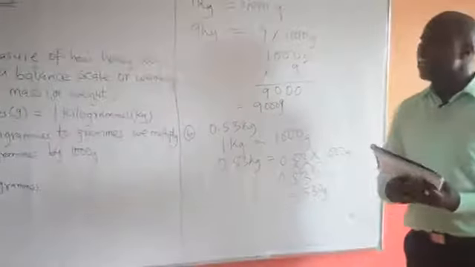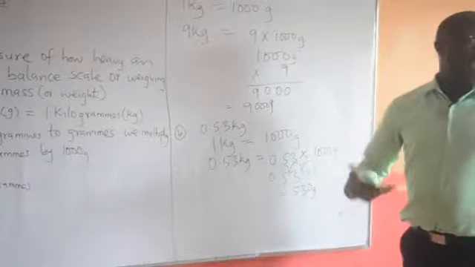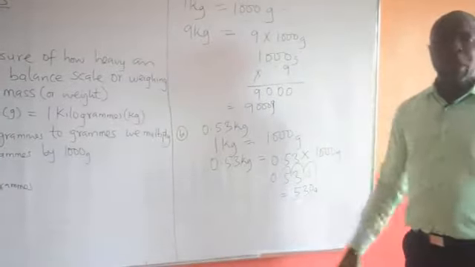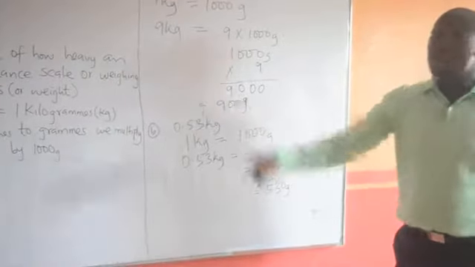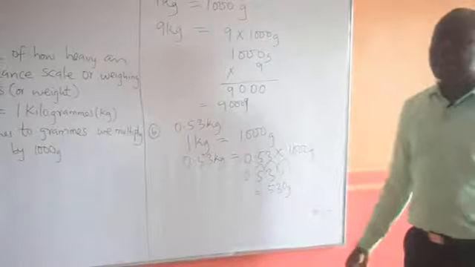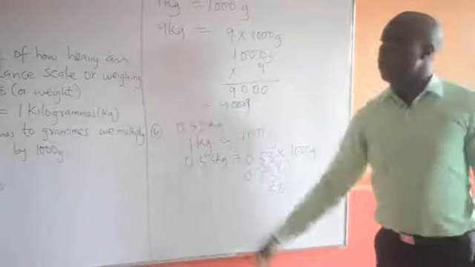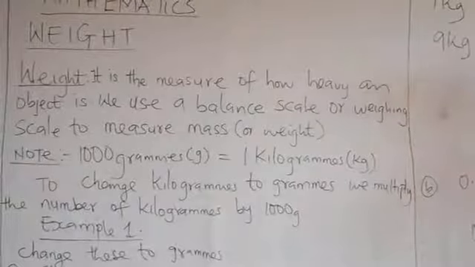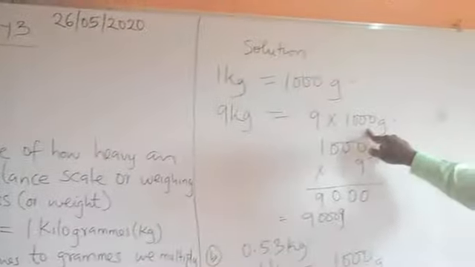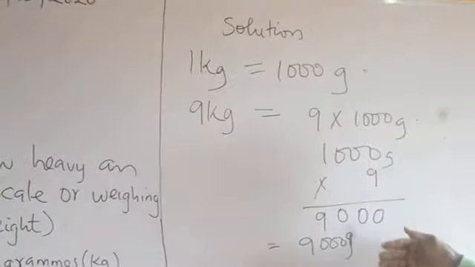So whenever we are asked to convert a given number in kilogram, what we are expected to do is multiply that value in kilogram by 1,000. Just for example, 9 kilogram to gram: we multiply 9 kilogram by 1,000, giving us 9,000 grams.